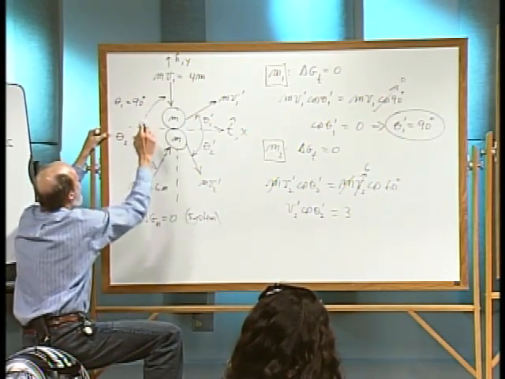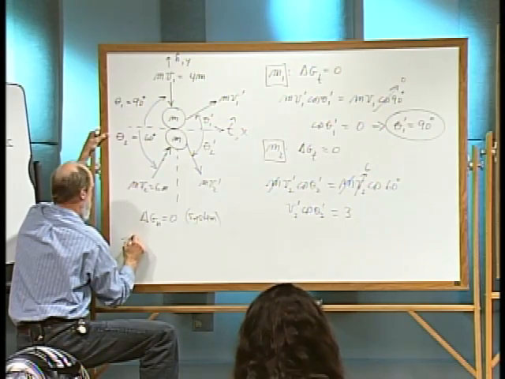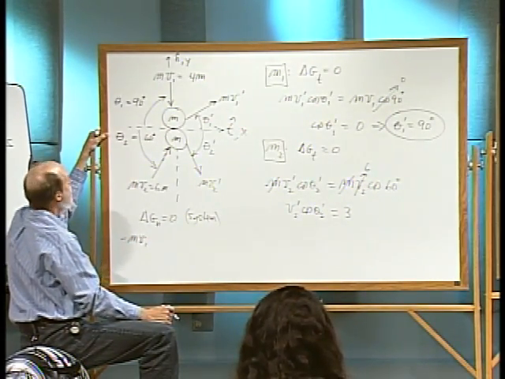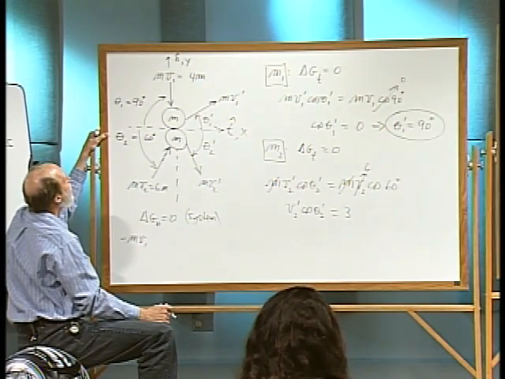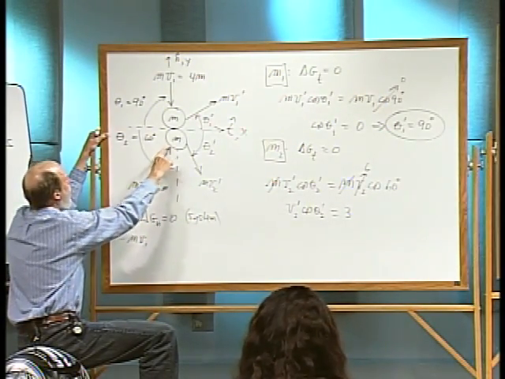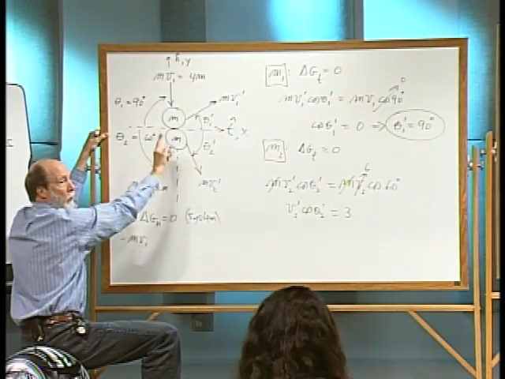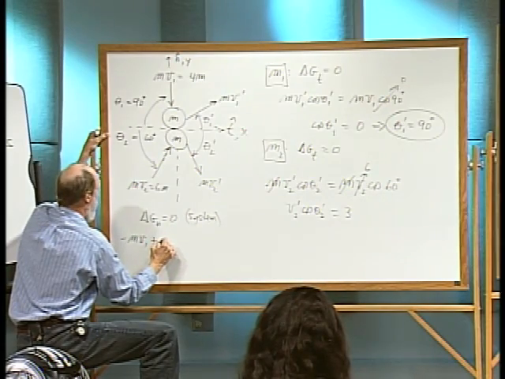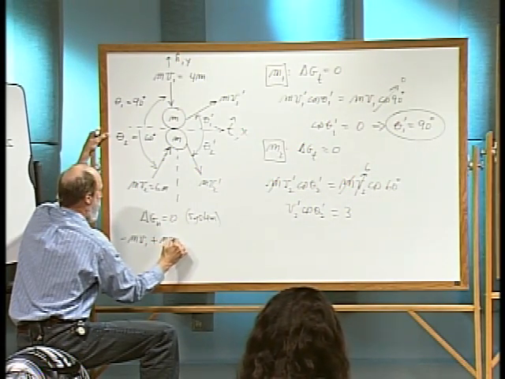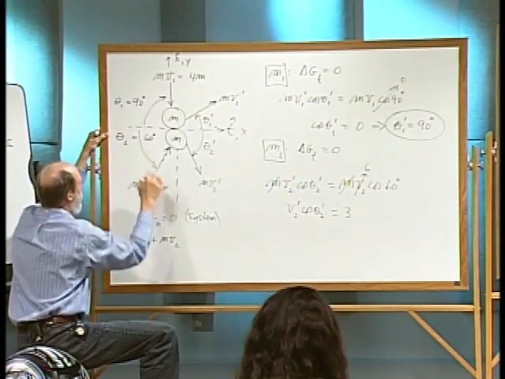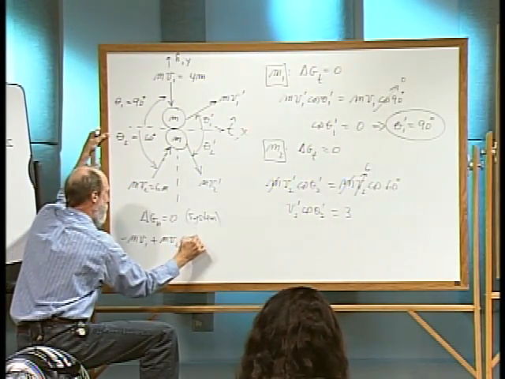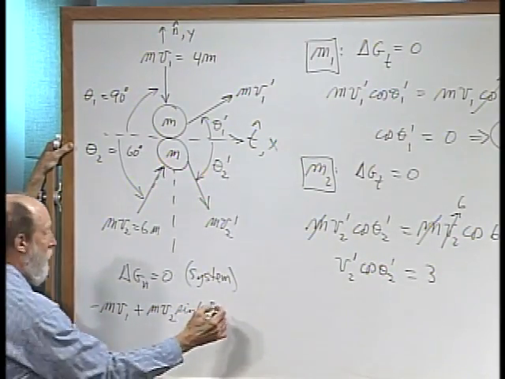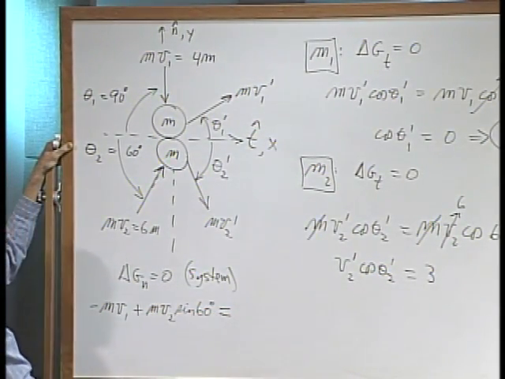So we're going to have negative mv1 straight down, and this guy upward momentum is positive mv2's momentum, and we want sine of 60 degrees there. That's the momentum in that direction before the impact.